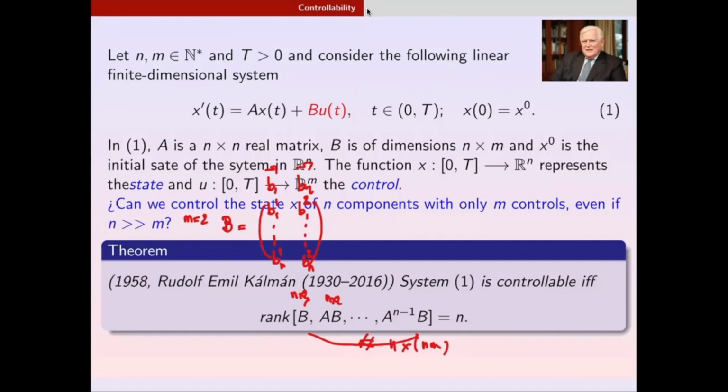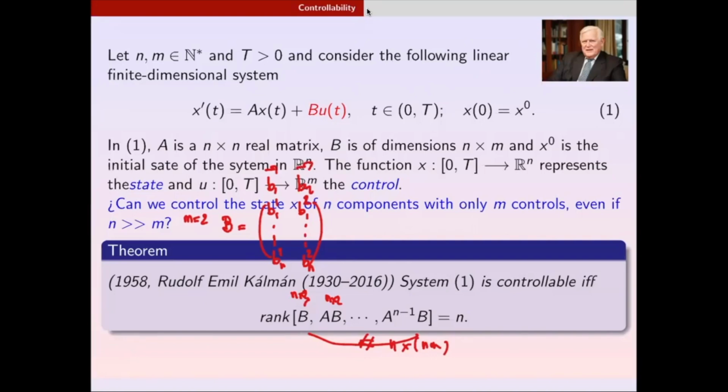Actually, what this characterization says is that if a system is controllable in time 100, the system is also controllable in time 1 or in time 1 over 100. The controllability of the system does not depend on the length of the time horizon.